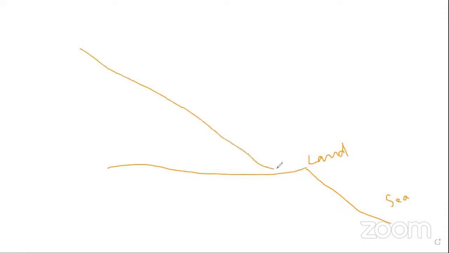This is considered as land. Below the land, as already said, there is the sea. Here you consider the sea. This is the land area, and there is a slope. You have to draw it like this, land and also a slope like this.